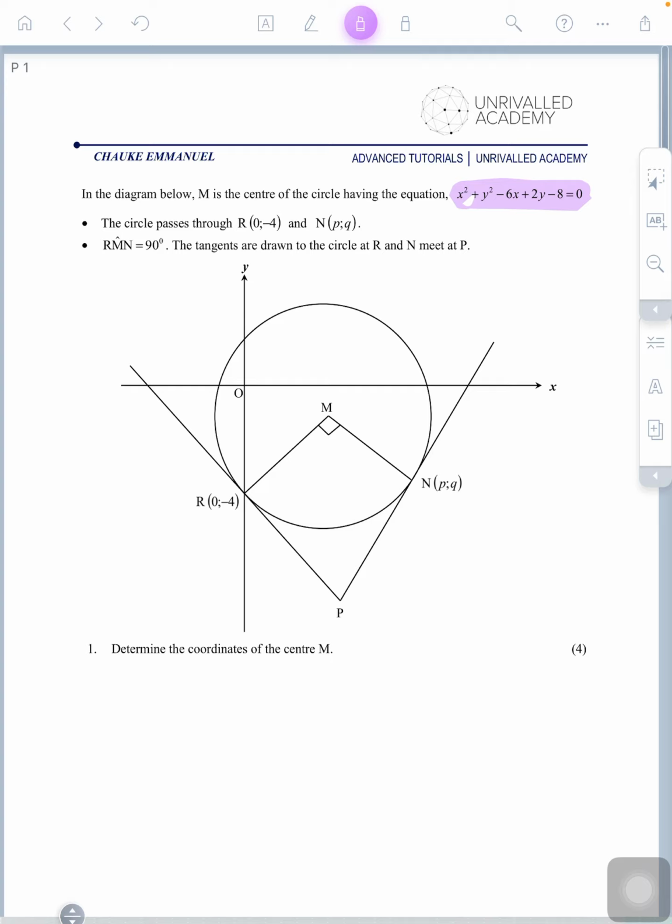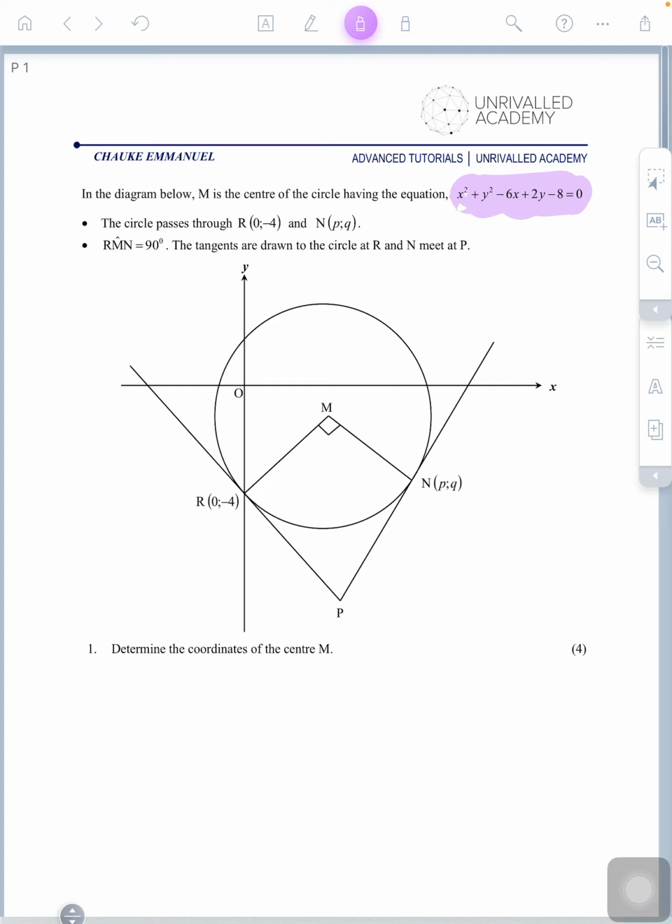So I want us to identify a few things before we continue. We have got the equation of the circle. I'm just gonna highlight that carefully so that we all see what's happening in there. If you look at that equation, it is not written in a form whereby you can see the radius and the coordinates of the center as well.